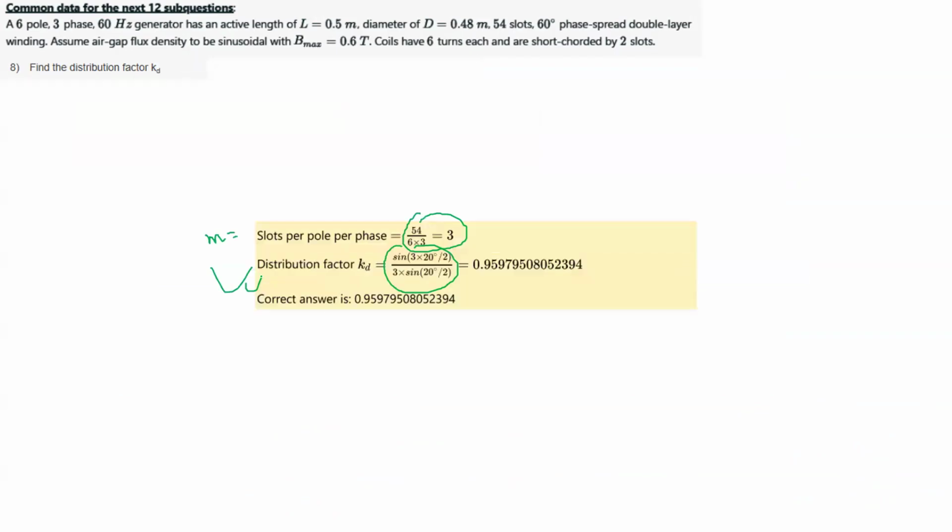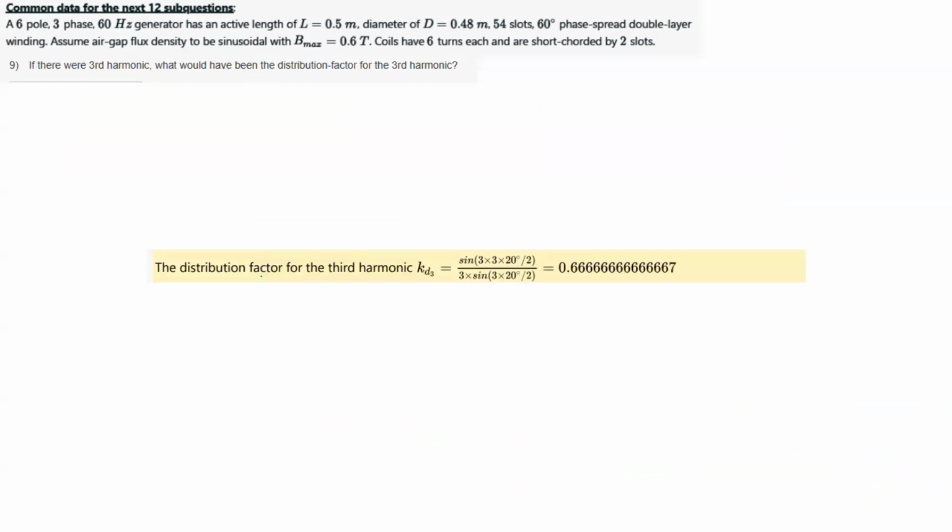So distribution factor for the third harmonic, what will happen is this, so it will become like this. Okay. So I'm just writing it here. Distribution factor for kth harmonic. Okay. M is slots per pole per phase.